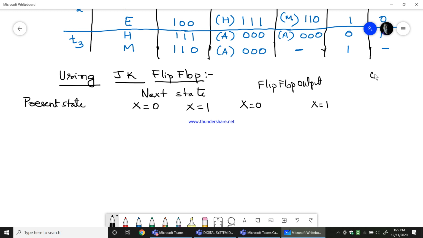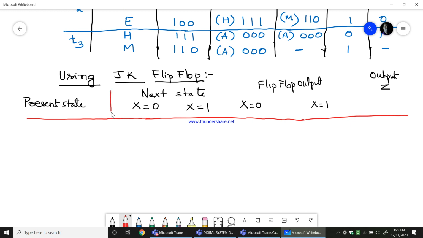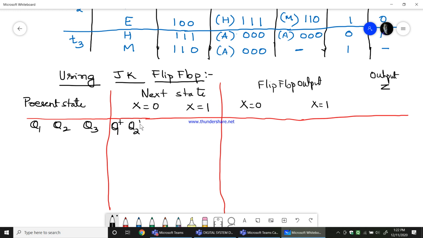Finally output z. So the present state would be q1, q2, q3. Here the next state would be q1 plus, q2 plus, q3 plus when x equals 0. Again q1 plus, q2 plus, q3 plus when x equals 1.